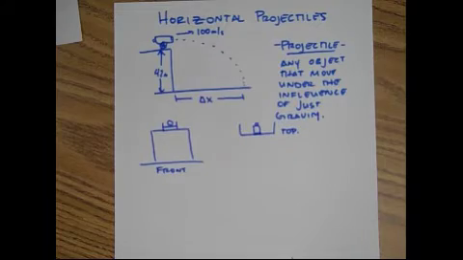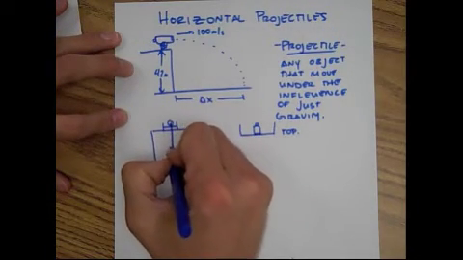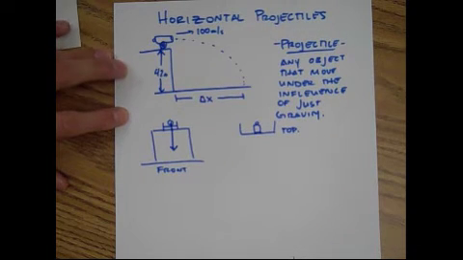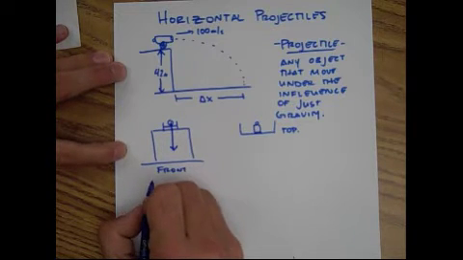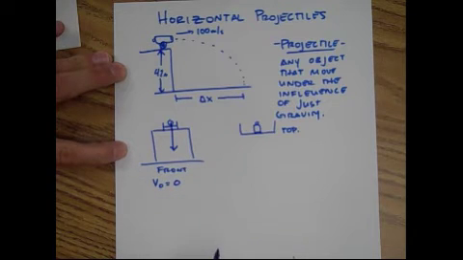Now, looking at it from the front, it's as if the velocity of the cannon is coming straight out at you. But really, all you would see is that ball dropping under the influence of gravity. Far enough away, you wouldn't see the velocity. You'd see the cannonball getting bigger, but you wouldn't see the velocity. So from this view, it would appear that the thing starts off with a velocity of 0.